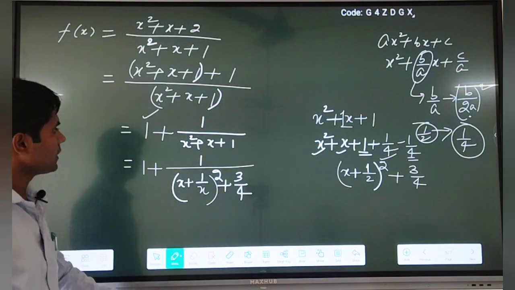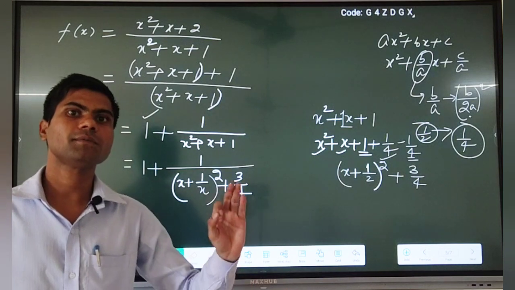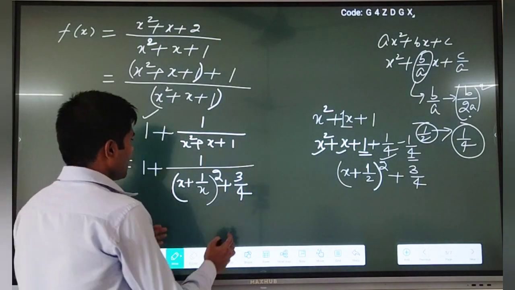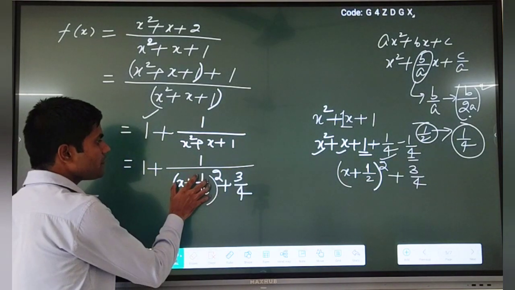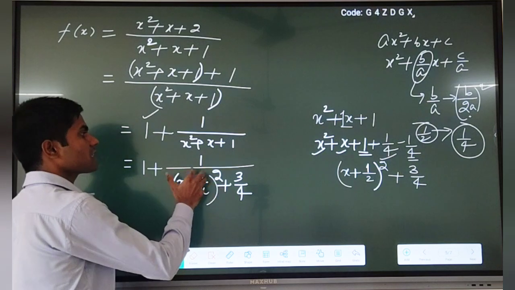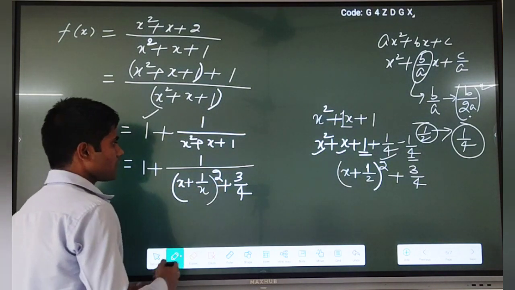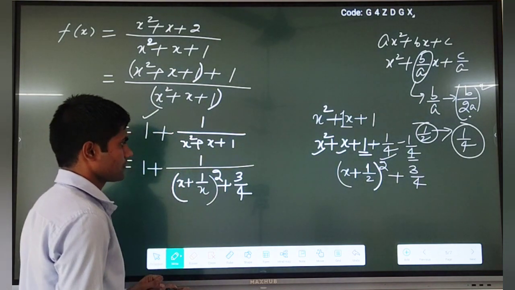Now we know one thing, the square of anything: minimum may be 0, maximum no limit. So do one thing, the square is given in the denominator. If we put the minimum value here, we can get the maximum value because it is in the denominator. So what is the minimum value of (x plus 1 by 2) whole square? 0.